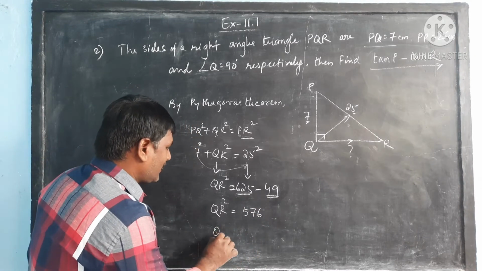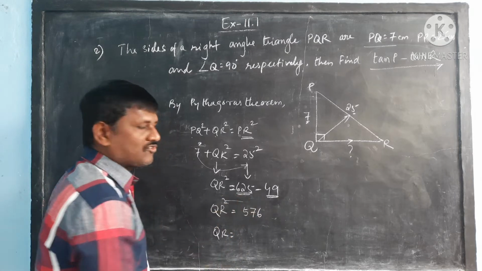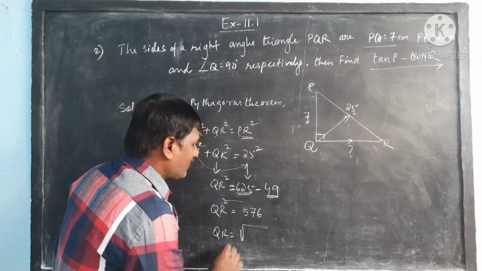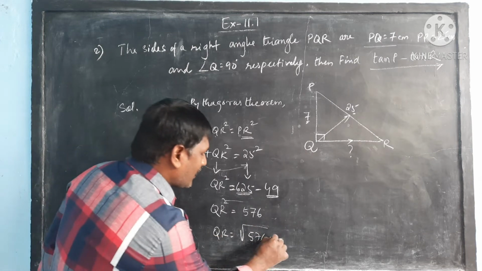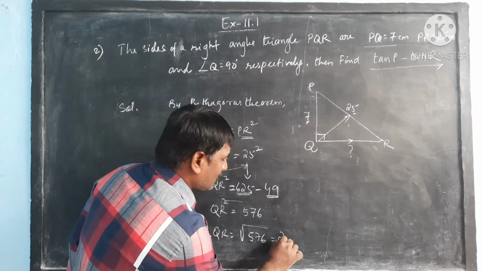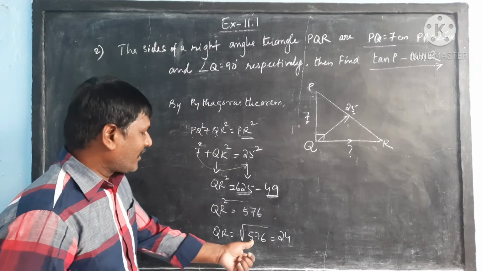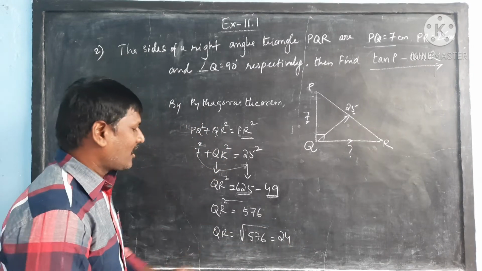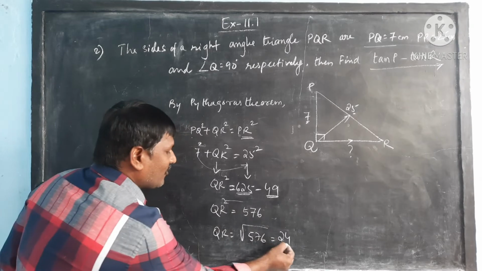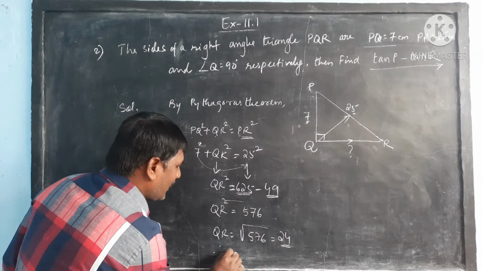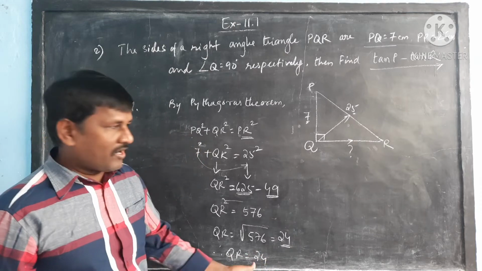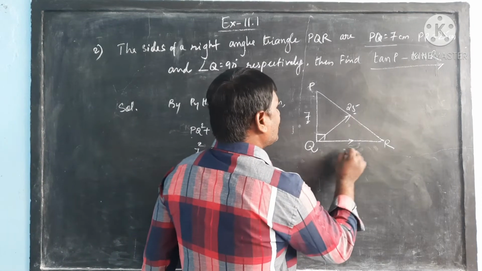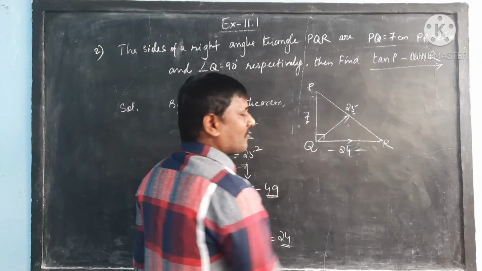Then QR is equal to the under root of 576. The under root of 576 is 24, because 576 is the square of 24, so the square and root cancel. Therefore QR is equal to 24. The value of side QR is 24.